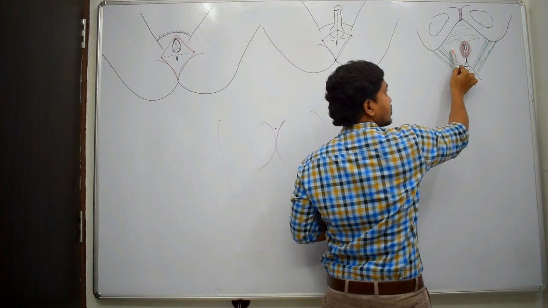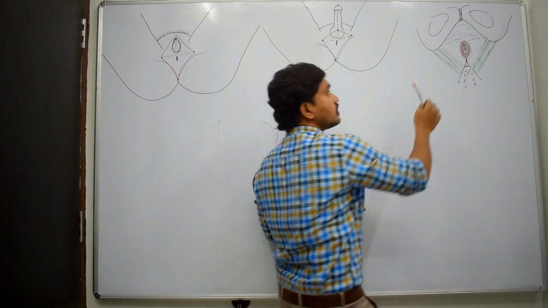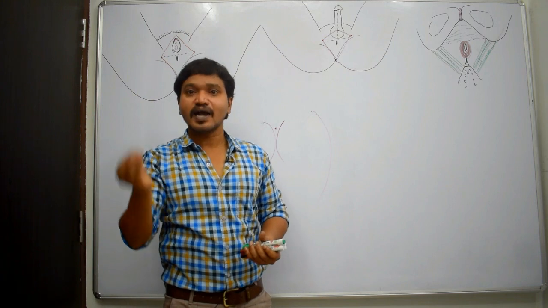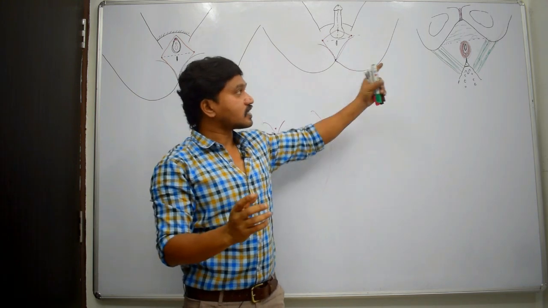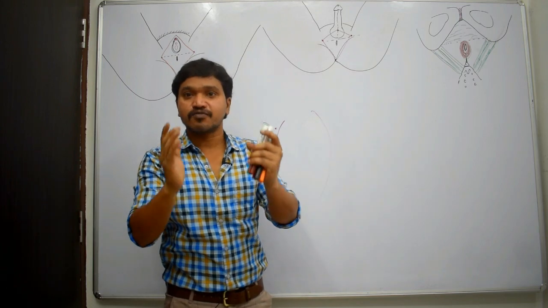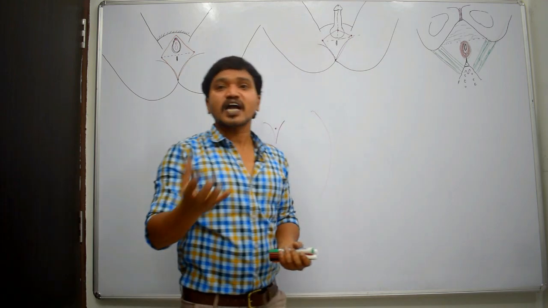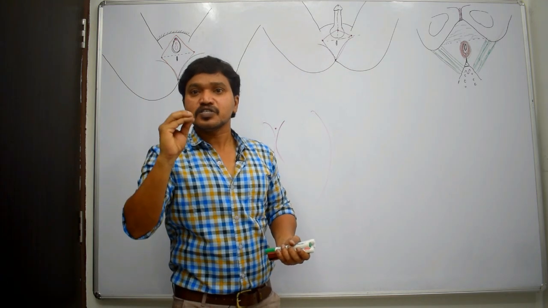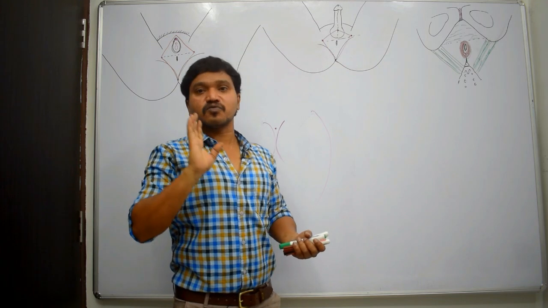On either side of the anal canal, or surrounding the anal canal, there will be a fossa. That fossa will be filled with fat, and it acts as an elastic cushion for the distension of the rectum and anal canal during defecation. So, on either side, there is a fat-filled space. That fat-filled space we call the ischiorectal fossa or ischioanal fossa.